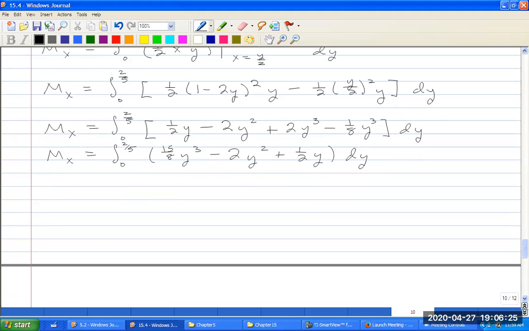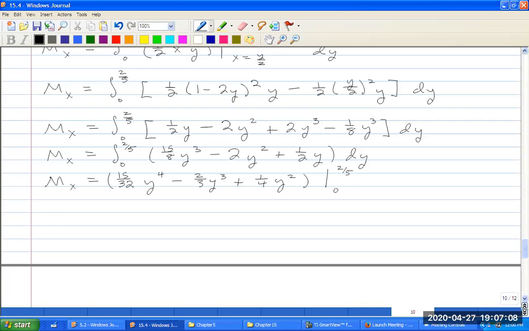Okay, so let's integrate this. So m sub x is equal to, divide by 4, so that's going to be 15 over 32 y to the fourth minus 2/3, now these are nice, y cubed, plus 1/4 y squared. We're going to get a lot of fractions over the integral from 0 to 2/5.